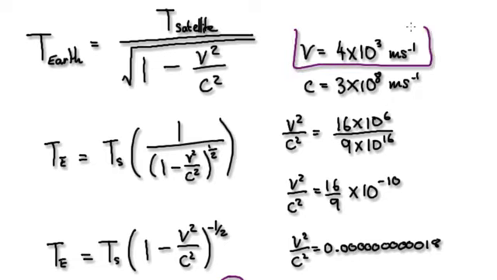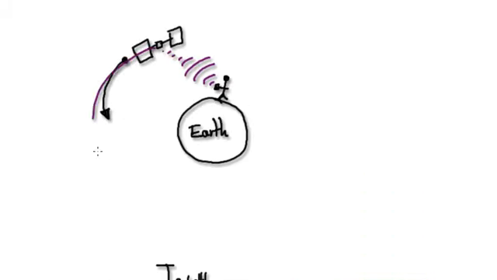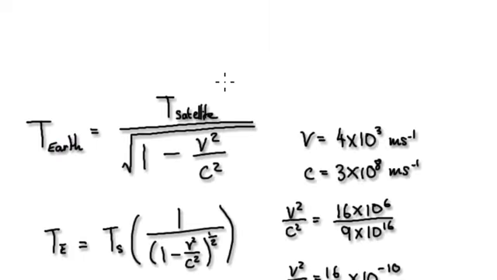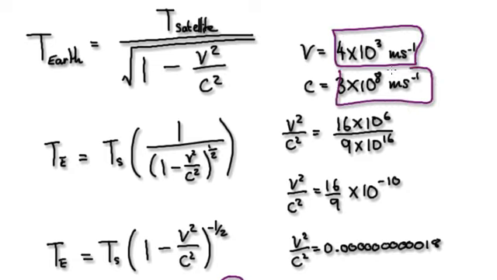If you look at this, this is the typical speed of a satellite. You've got a satellite whizzing around Earth, and the speed of the satellite, let's just say, is given by this, and this is your speed of light.